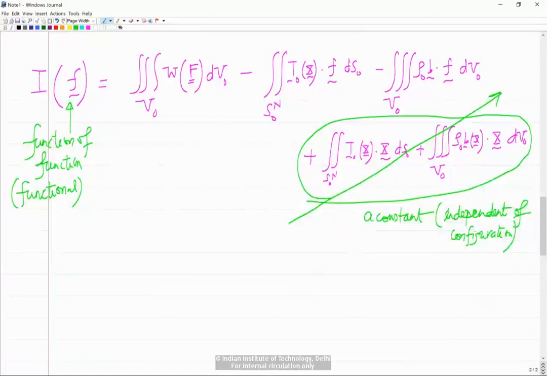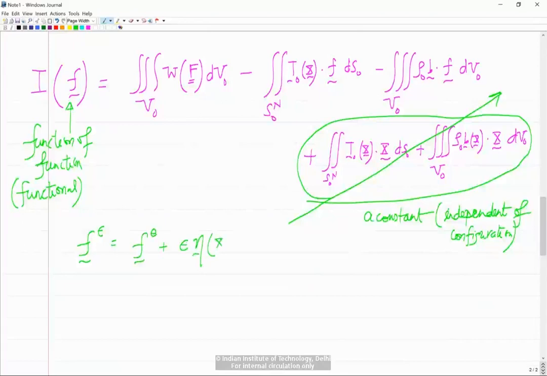But here we have to minimize with respect to function. So that is not an easy thing. But what we can do is, suppose that F epsilon is equal to F equilibrium, the actual unknown F equilibrium, plus epsilon into eta.